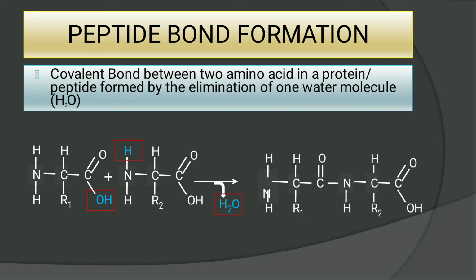As a result of this loss of hydroxyl group and hydrogen, there remains one valency left for the carbon and nitrogen. This valency will be filled by sharing of electrons, so this carbon has one valency left and this nitrogen also has one valency left. As a result, they share the electrons, and the covalent peptide bond is formed.